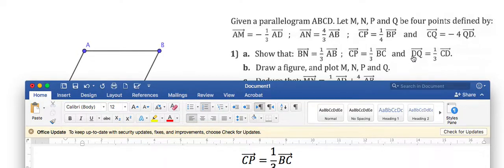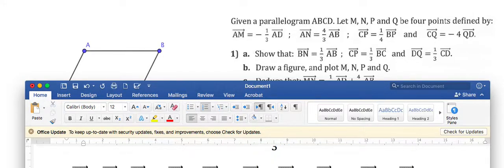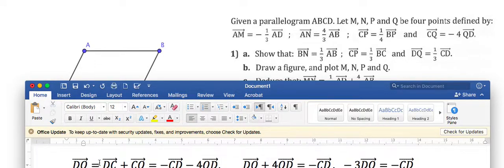Last, we have to prove that vector DQ is a third vector CD. Here I started with vector DQ. Since by given we have vector CQ, I decomposed vector DQ by using letter C. So DQ is DC plus CQ. We have to write DQ in terms of CD.